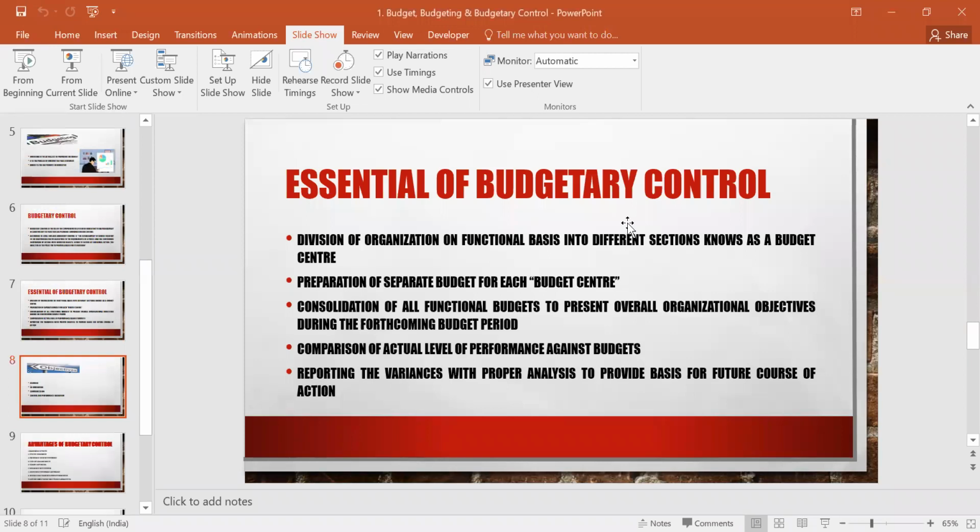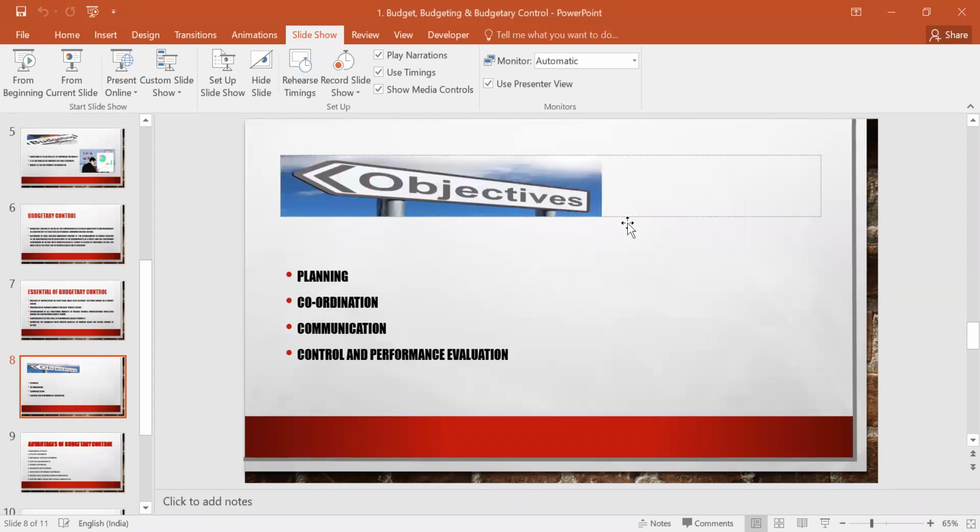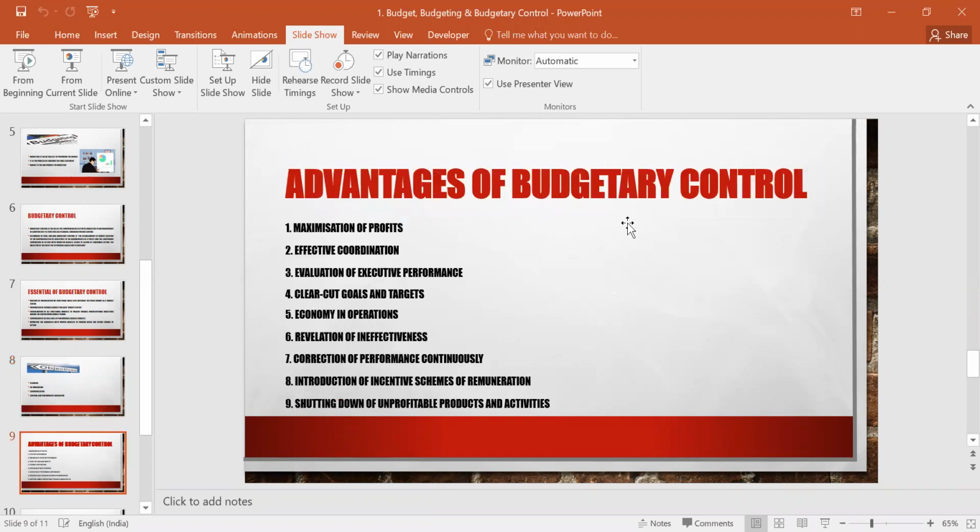Then moving further, what are the objectives of budgetary control? As I've just told you, it helps in planning, coordination, communication, control and performance evaluation. So these you can write elaborately. Now, talking about the advantages of budgetary control, what is the first point? We talk about maximization of profits.